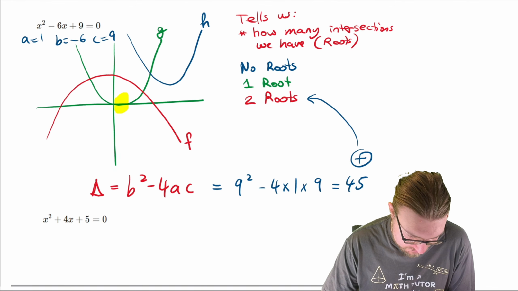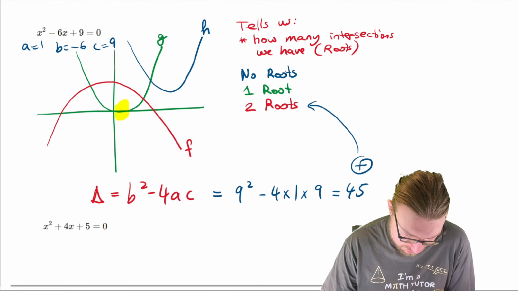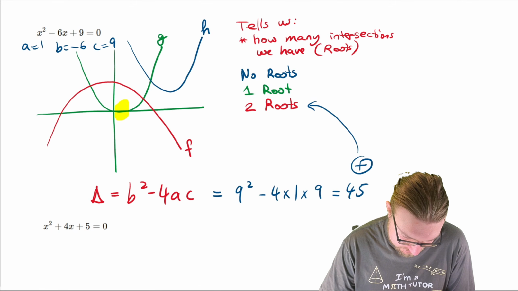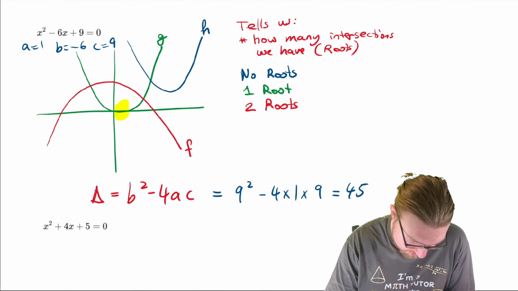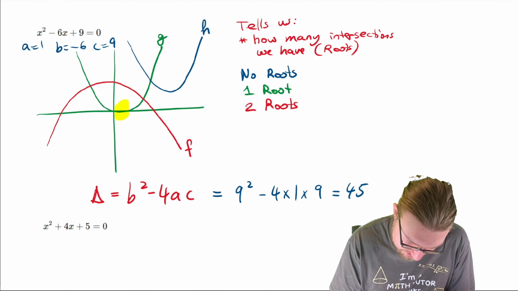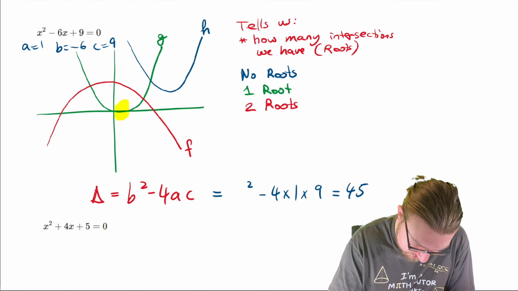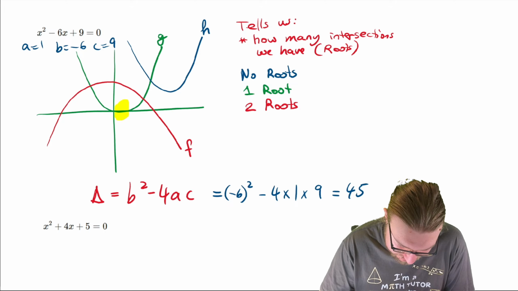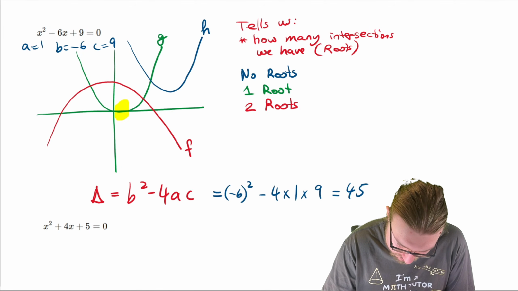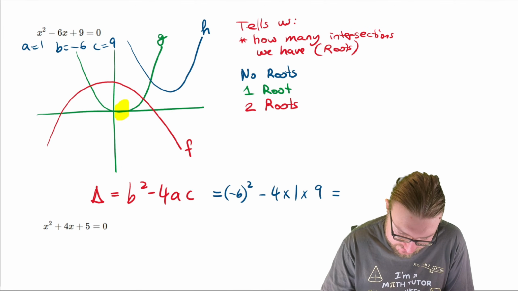Okay, did I make a mistake here? Yes, I did. Of course. B was -6. I was wondering where the -6 went. My bad. Sorry, guys. So we have a -6 squared, which is 36.